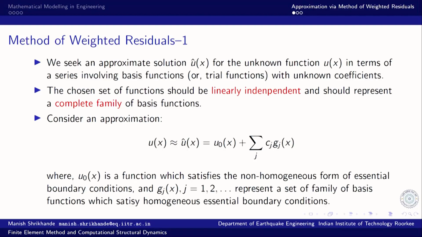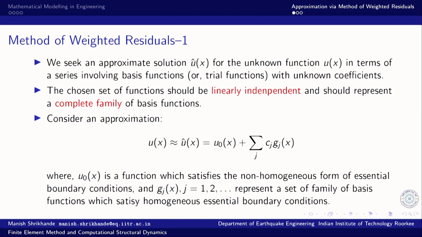So, a linear combination of increasing degree polynomials constitutes a complete family, and in principle should be able to capture sufficient details of any finite function over any finite region.